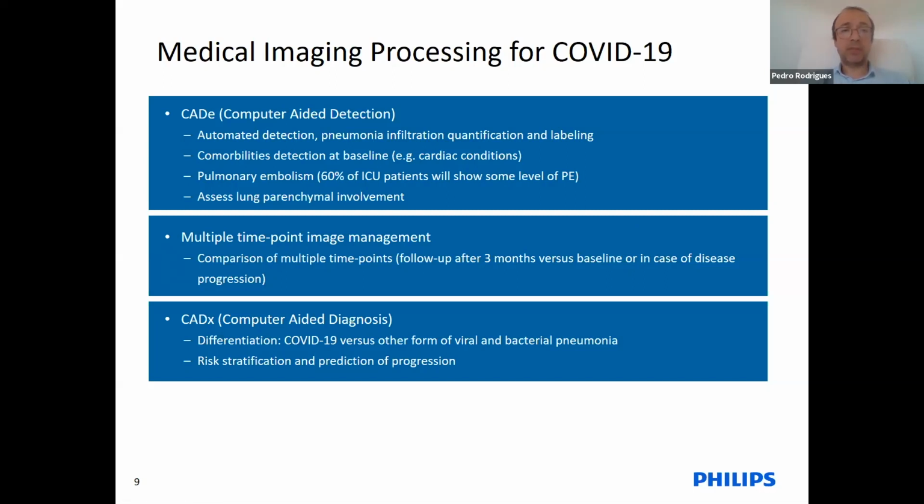A third class of software related to computer-aided detection is computer-aided diagnosis. Here there are 2 classes. One class is typically to differentiate between COVID-19 and other forms of viral or bacterial pneumonia. There are some cases in China where this has been attempted or proposed, let's put it like that.